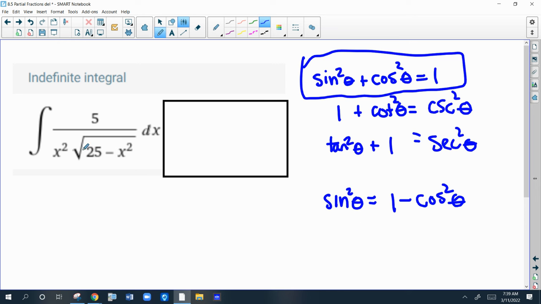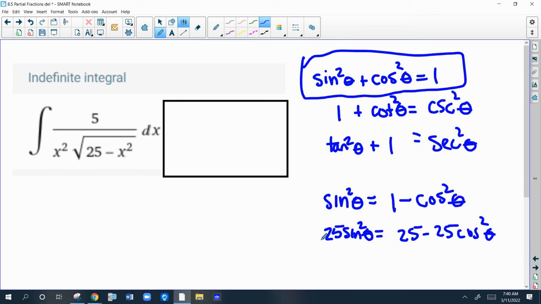If we could make this 25 minus 25 cosine squared, we have it. In other words, then this square root would just be 25 sine squared, and I could square root it. So we have to figure out a way to do that.